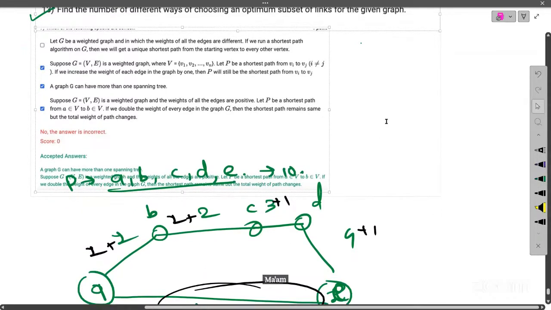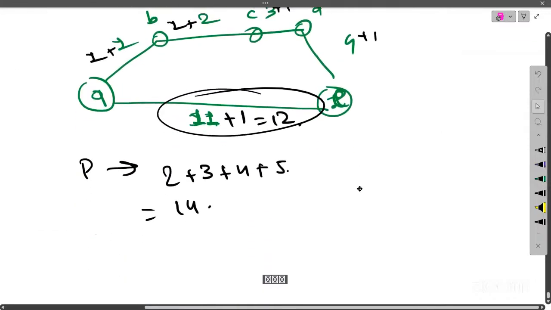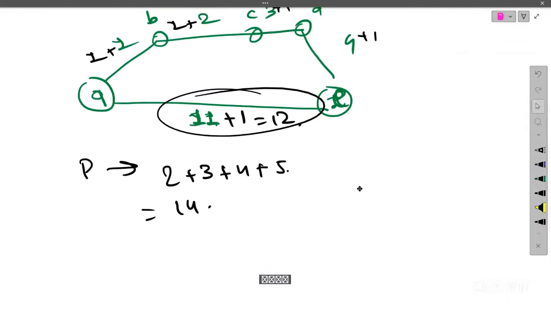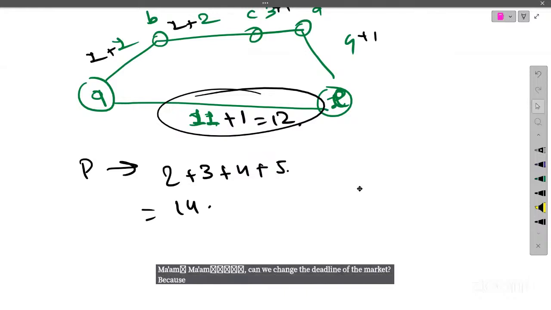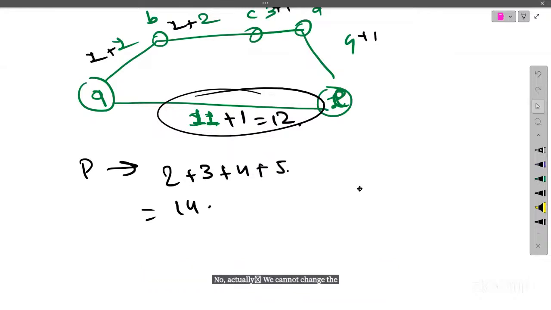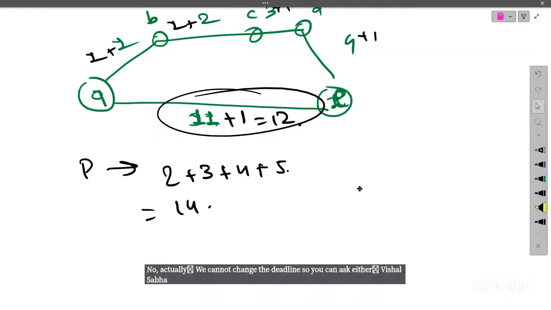Ma'am, can we change the deadline of the mock test? Because if it is the 21st and 22nd, we can't see the solutions to know whether our answers are correct or wrong. No, actually, we cannot change the deadline. So you can ask Vishal sir. I'll ask him whether we are able to change it or not.